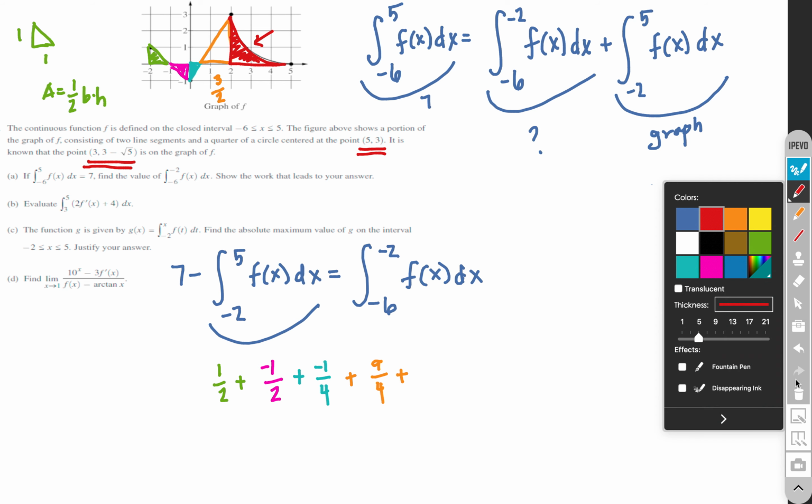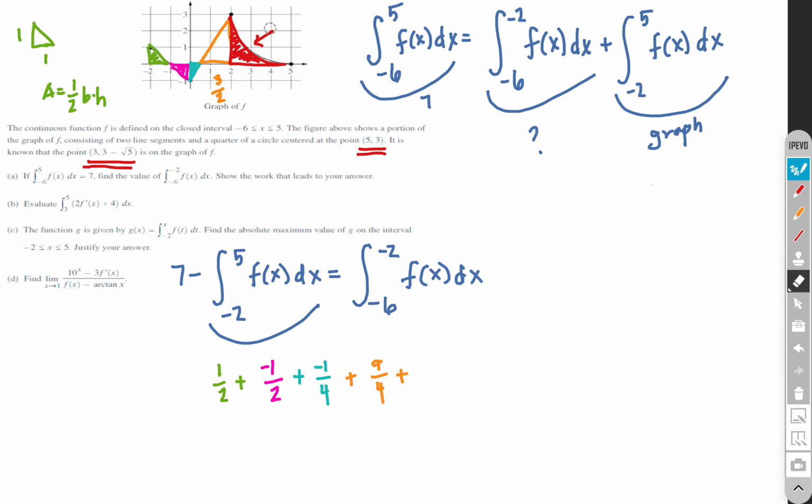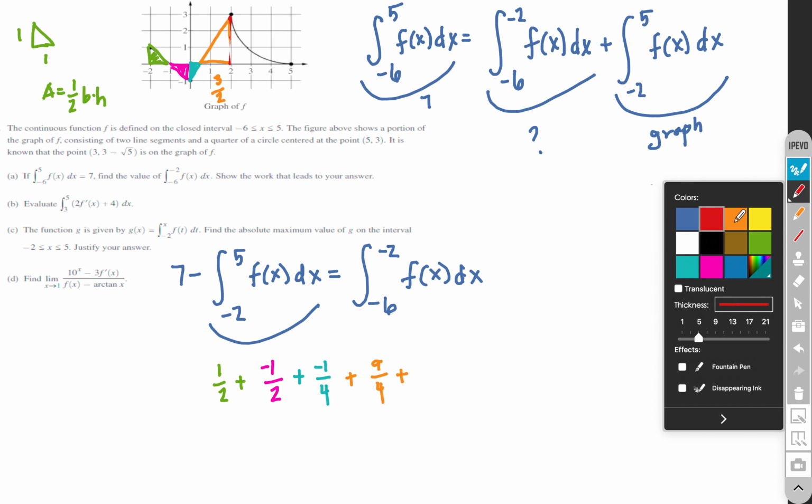But another thing that you could do that is a little bit more creative and kind of more fun, I think, is you could use geometry the same way that we just did, not exactly, but kind of use the geometry that we see here and figure out the area from geometry.